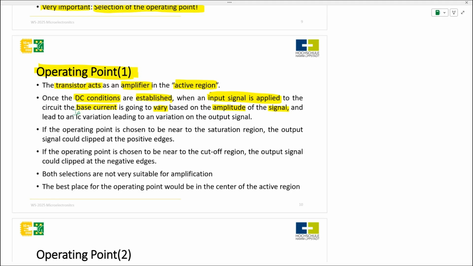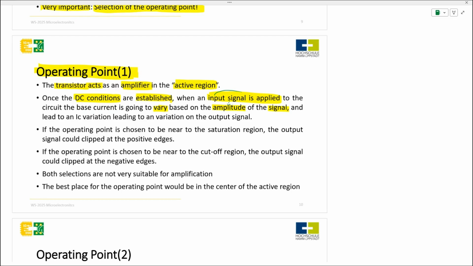So this input signal has an amplitude, and this amplitude will affect our base current, and leads to an IC variation, leading to a variation on the output signal.